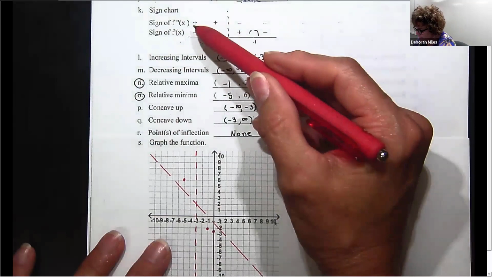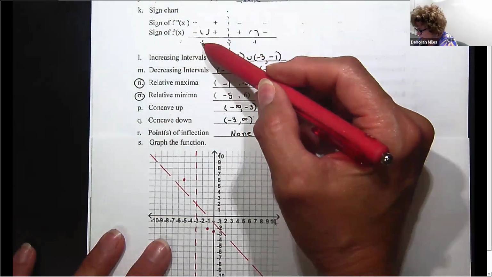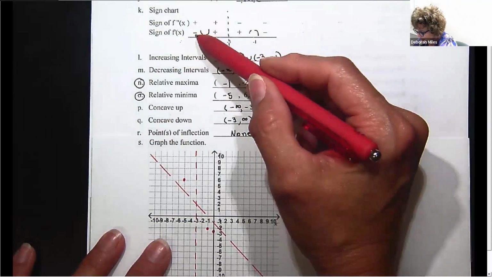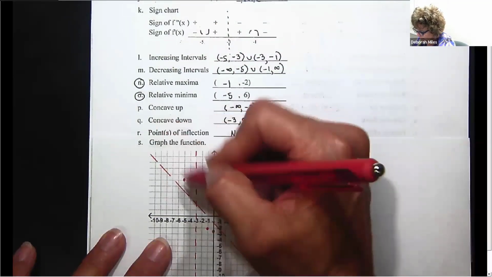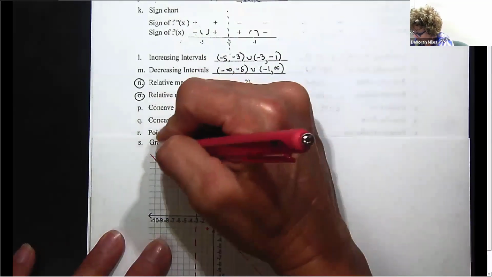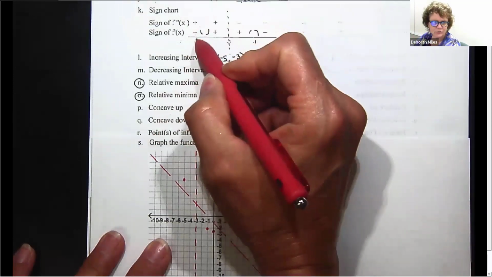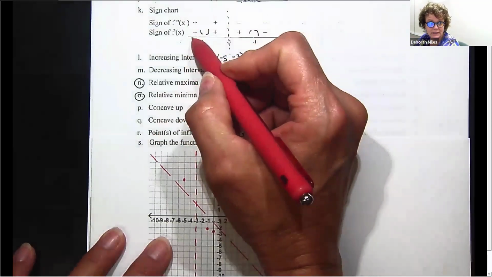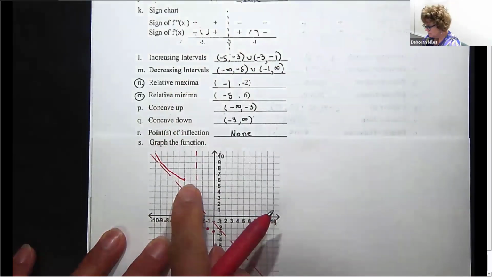From -infinity up to -5, we know the function is decreasing and concave up. I don't remember if I said increasing or decreasing. I meant decreasing and concave up, so decreasing and concave up to that relative min.